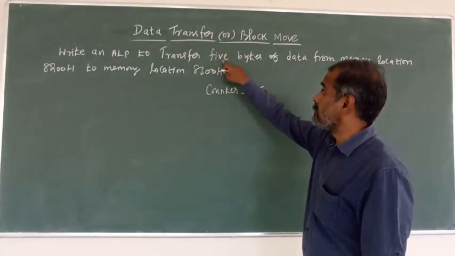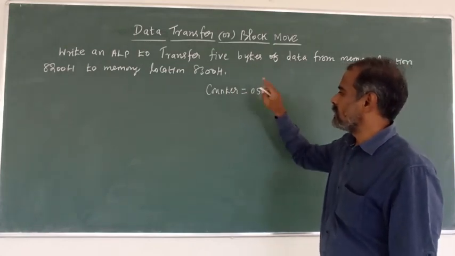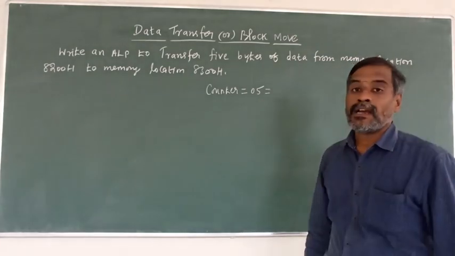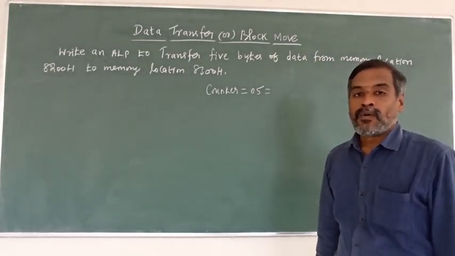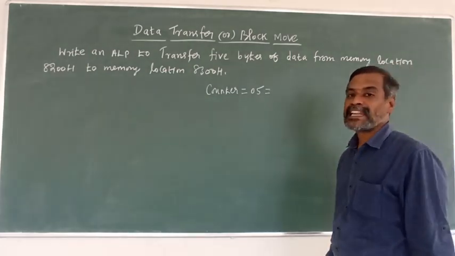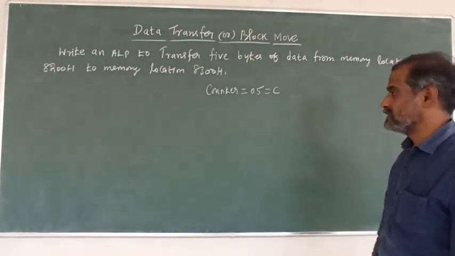Here, for 5 bytes of data, we fix the counter 05 in any one of the 6 general purpose registers. Suppose C register, C equal to 05.